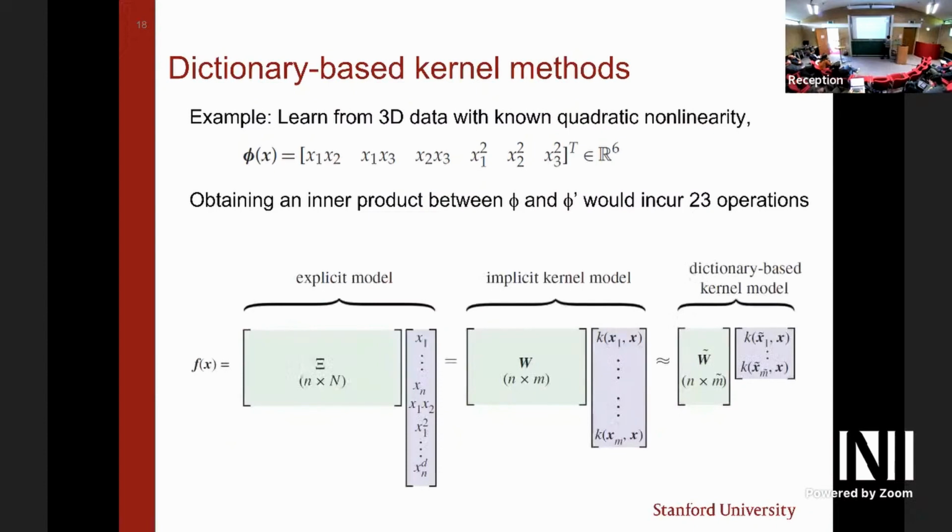If we had an explicit model like SINDy, we would be working with this kind of data structure, which gets unmanageable very quickly as the dimension of the vector grew. If we're working with an implicit kernel method, the size would be down to n by m, so the kernel approach reduces the space of what we're looking at. But we're going to be able to reduce it further by only updating our dictionary when we learn something new.